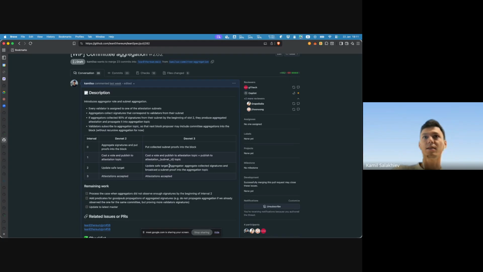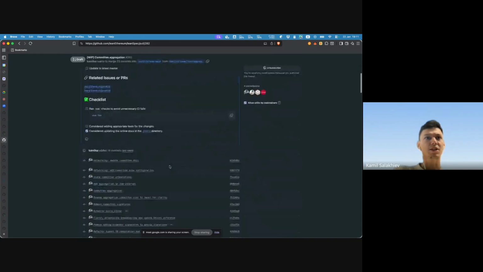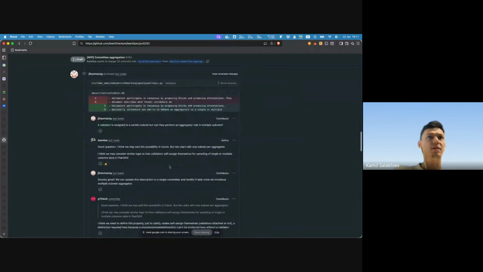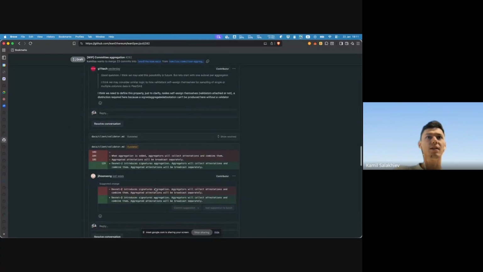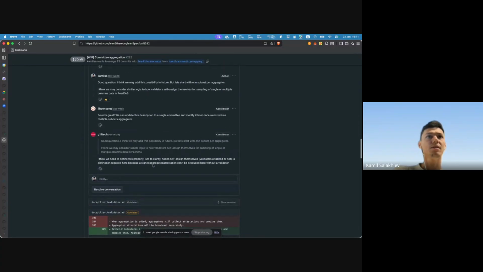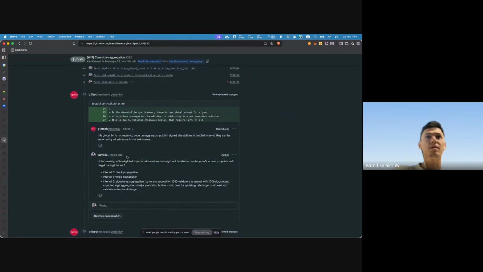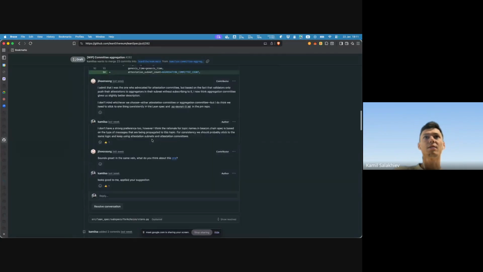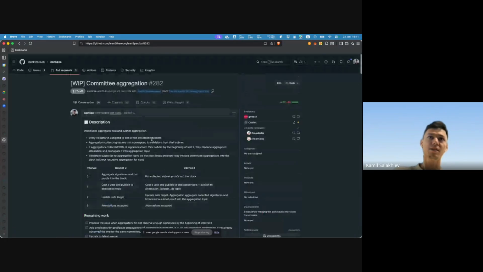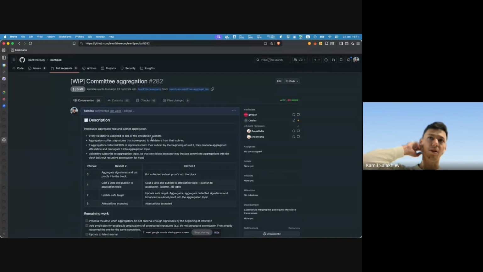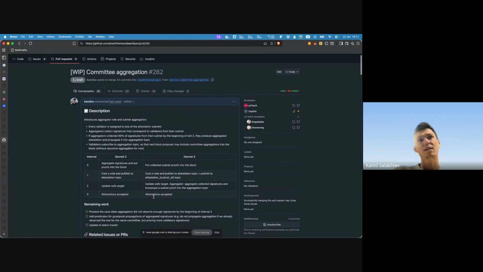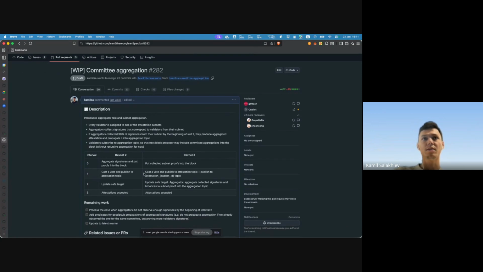Well, I think Gajinder left a comment saying that this might not be a big issue, because if we perform aggregation, we have aggregators. That is something I didn't mention yet, but we also have aggregators in every subnet.